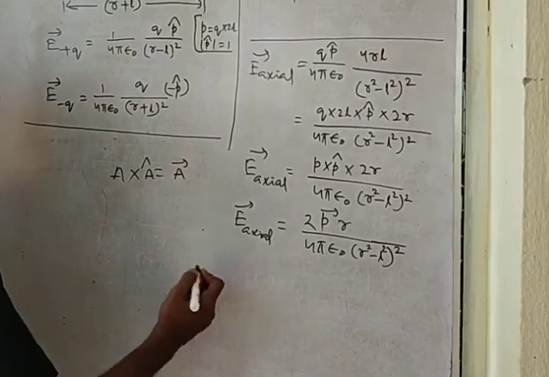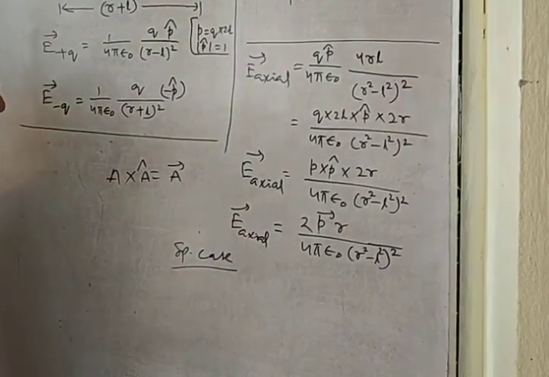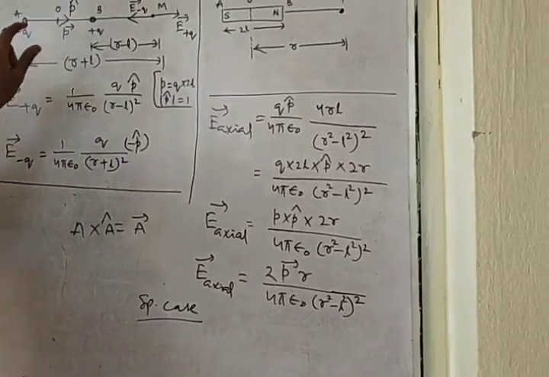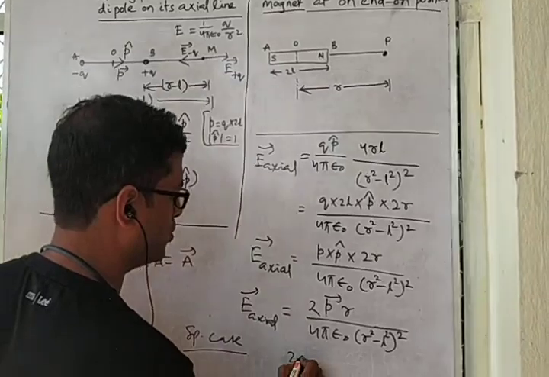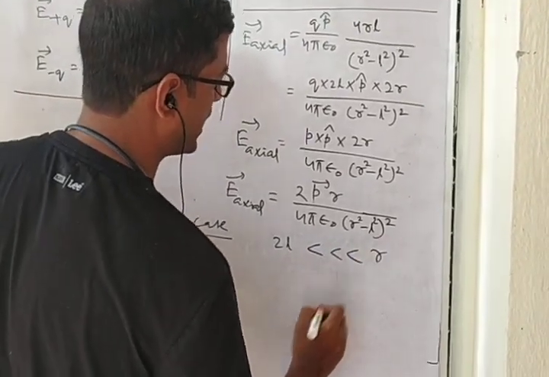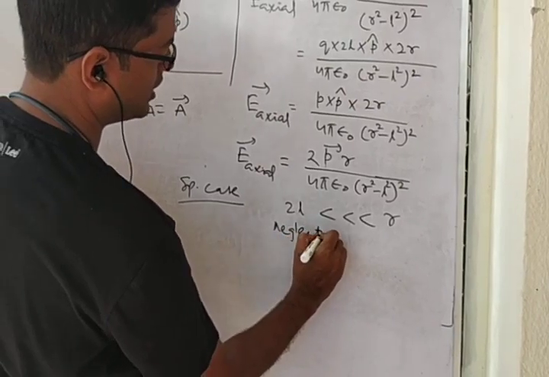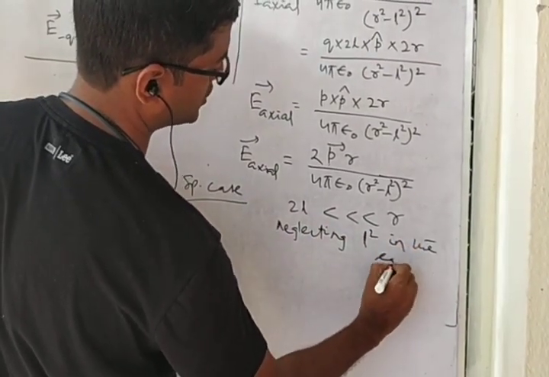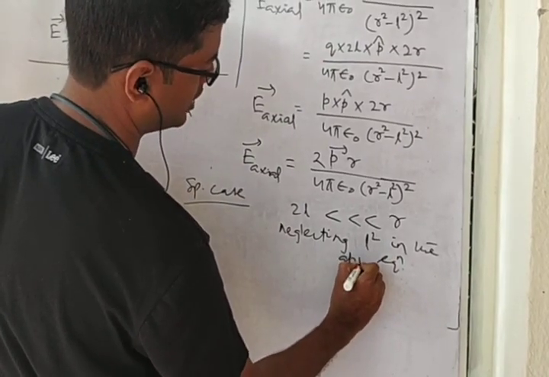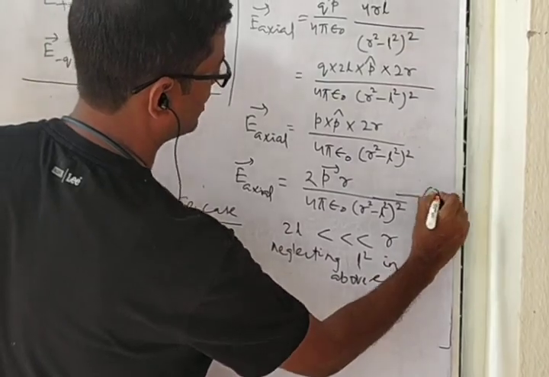But if I take a special case, what is the special case? Let us consider the length of the dipole, this 2L, is very, very much smaller than r. So neglecting L square in the above equation, let's say equation 1.